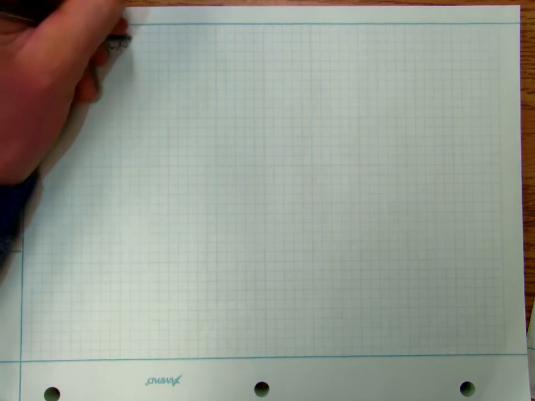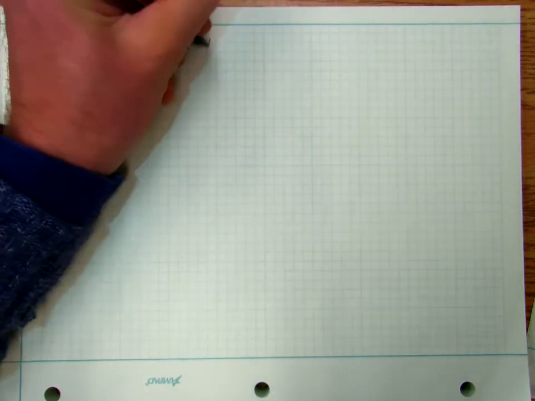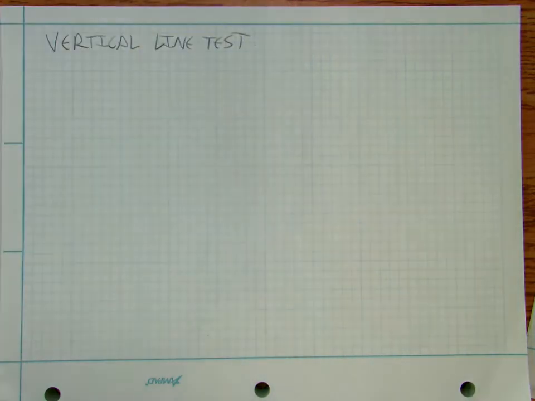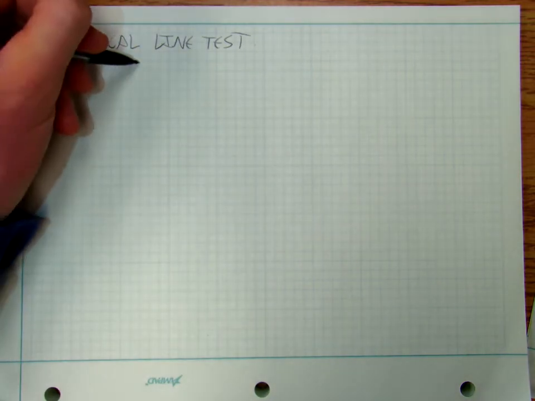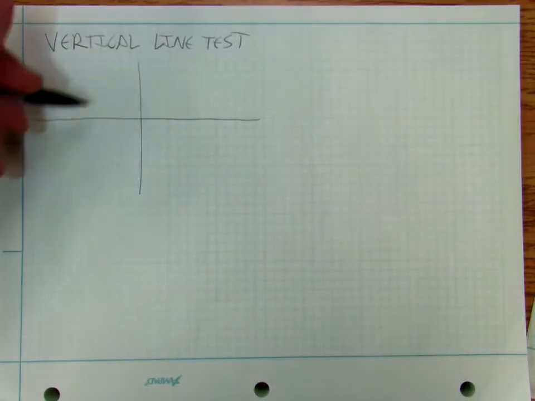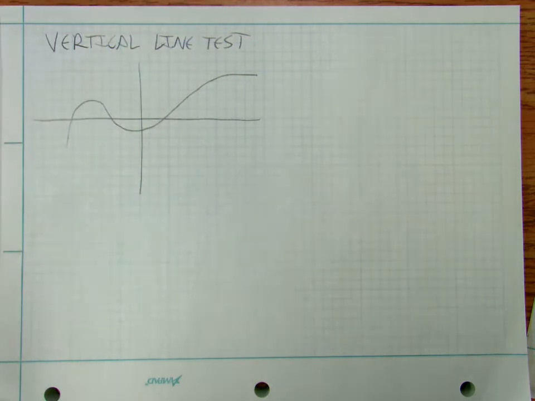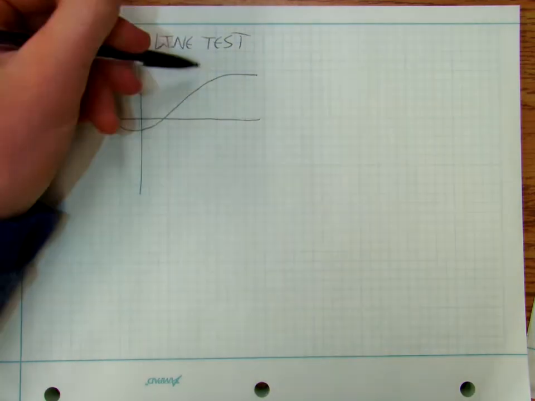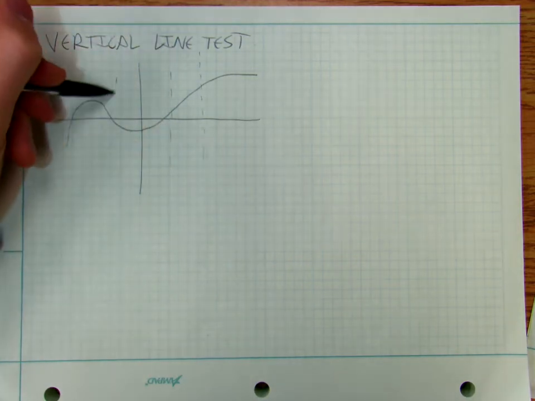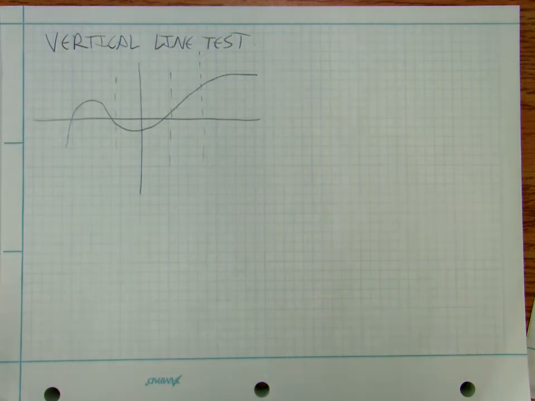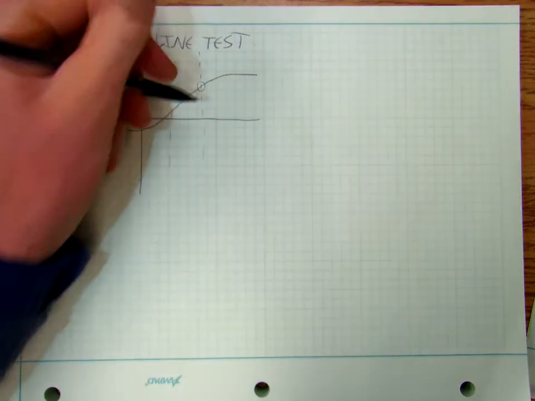And so the vertical line test is basically, if I take some function, if I just take sort of any arbitrary function here, any vertical line that I pass through this function meets the function at exactly one point.